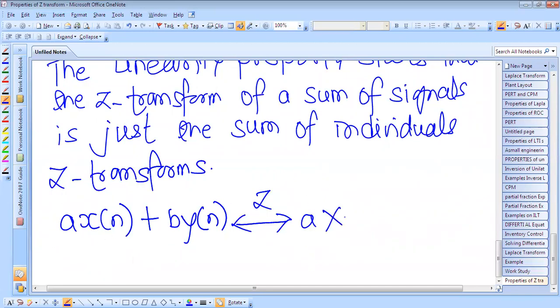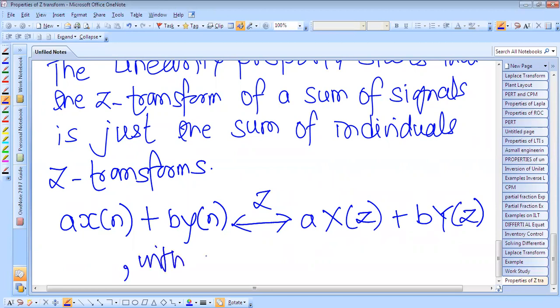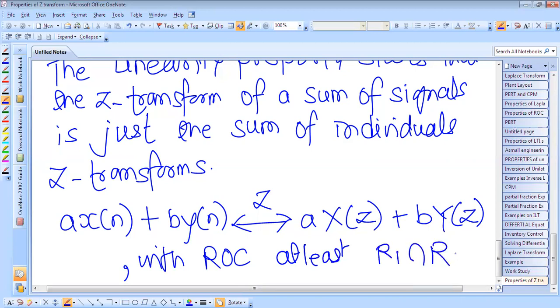So it is a into x of Z plus b into y of Z, and the ROC is the intersection of R1 with R2.